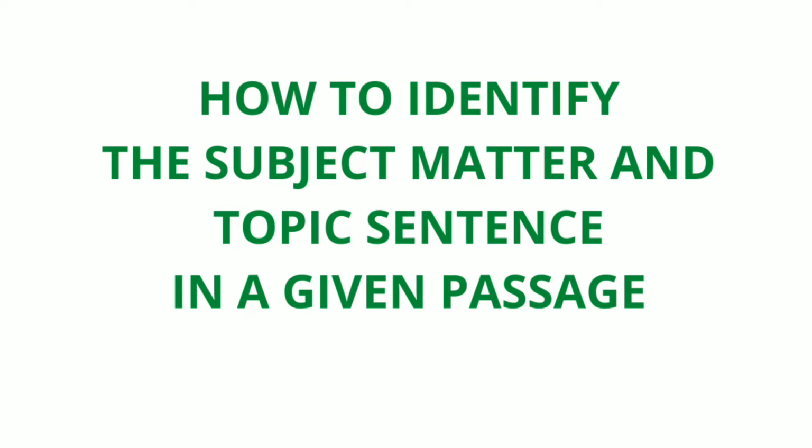Okay, so at this point we are going to look at how to identify the subject matter of a passage and how to identify the topic sentence of a paragraph. Let's look at the first one, how to identify the subject matter of a passage. Remember, we said earlier that the subject matter of a passage is usually found in the introductory paragraph. So how do you find the subject matter of a passage?